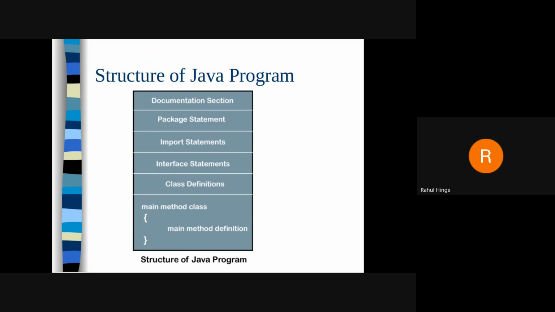Inside the college there might be a library, a sports department, and different departments like fees and admin. So we can write an admin package, a sports package, and related departmental packages, and write those classes inside those packages.